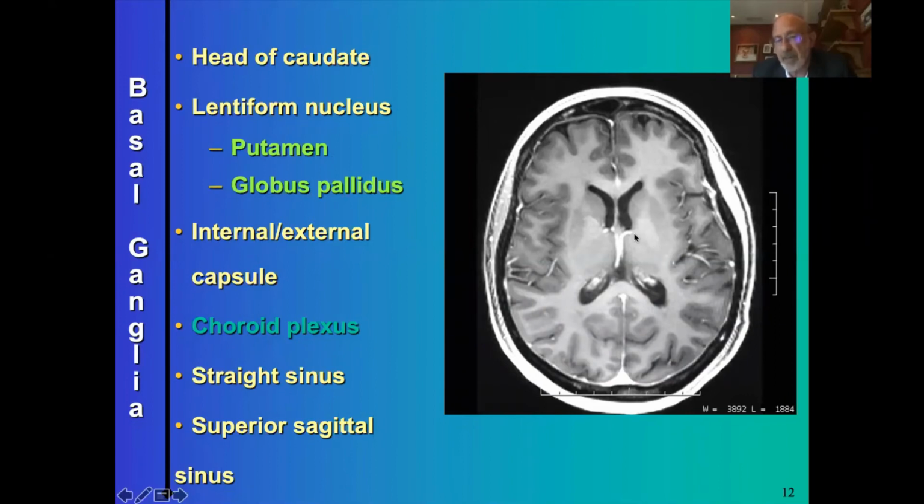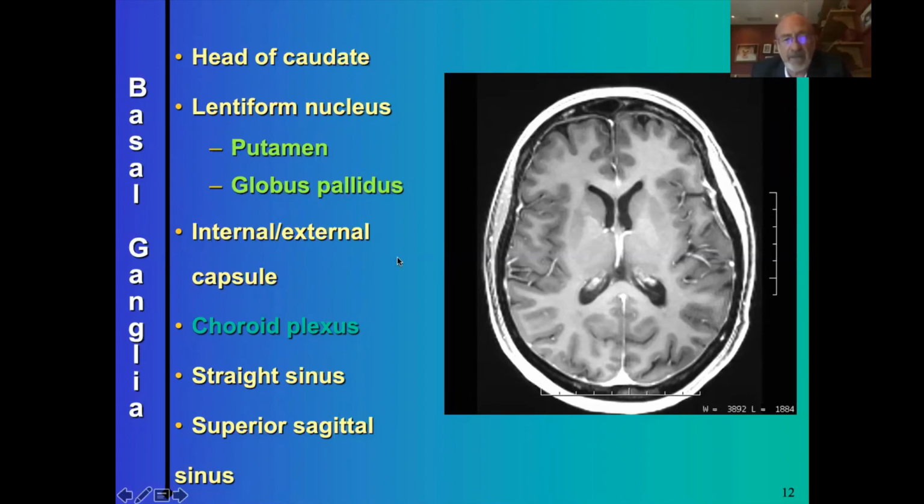If you were to have a bleed, a subarachnoid hemorrhage, or trauma, and it was to interrupt one of these capsules, you lose a lot of function in terms of one side of the body versus another. So once again, what you have is caudate nucleus, lentiform nucleus. Between those two, internal capsule. Outside or lateral to the lentiform nucleus would be the external capsule.